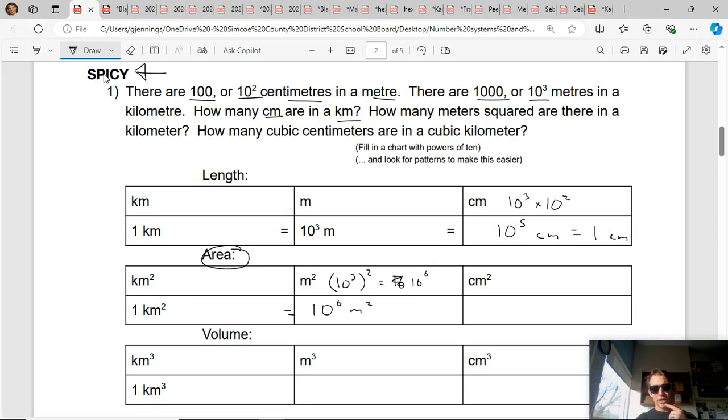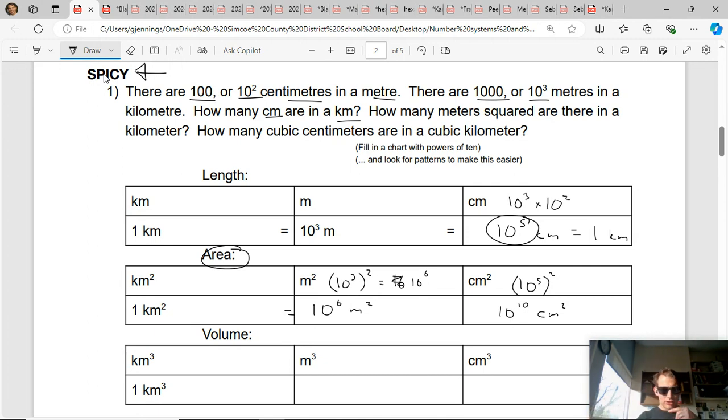And then I already know that there's 10 to the 5 centimeters in 1 kilometer. So if I take 10 to the 5 and I square it, then I would get 10 to the 10 centimeters squared. Okay, cool. So that's how you would do those conversions.